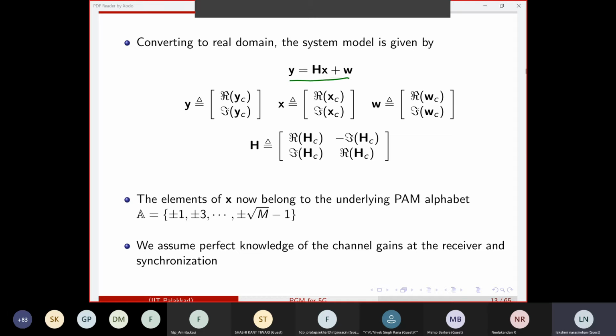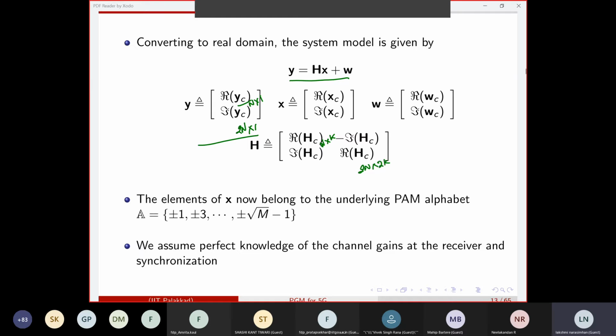To do this, we do a simple reconstruction. We just increase the dimension by 2 everywhere. The y vector, which was n cross 1, now becomes 2n cross 1. The complex n cross 1 becomes real 2n cross 1, and so on. Similarly, the matrix, which was n cross k, now becomes 2n cross 2k.